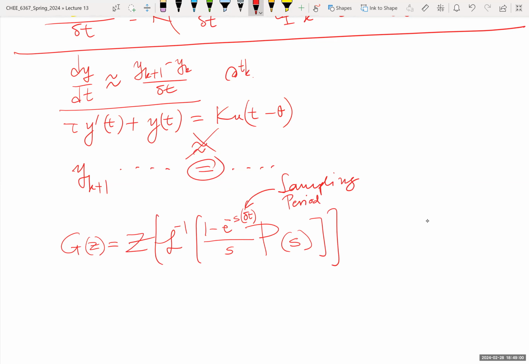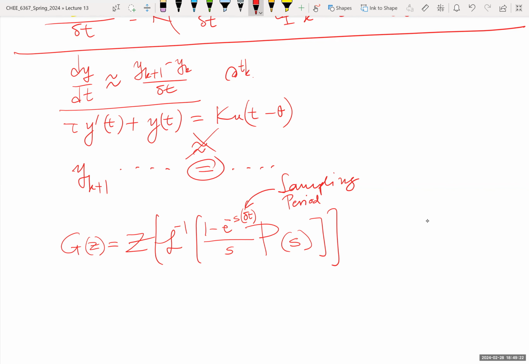And the nice thing is now, if you have input and output, the distinct values that this G of z produces are exactly the values of the continuous time system at the corresponding sampling points, which is very useful for control purposes because it doesn't matter how long the sampling period is. You will always get exact matching between continuous and discrete.